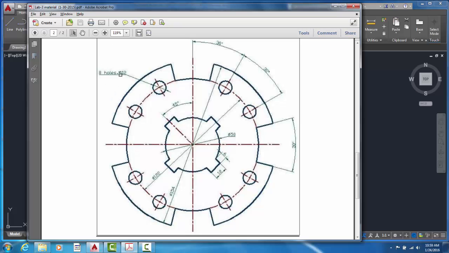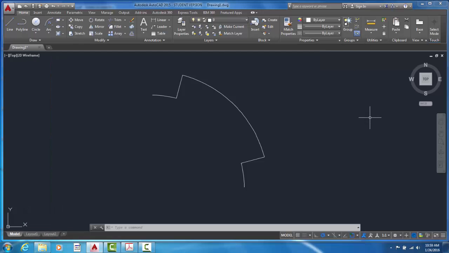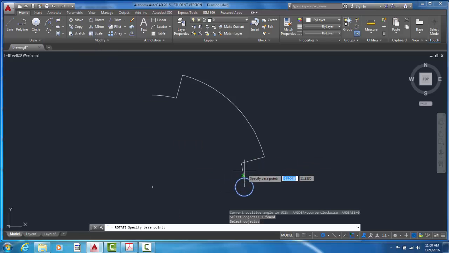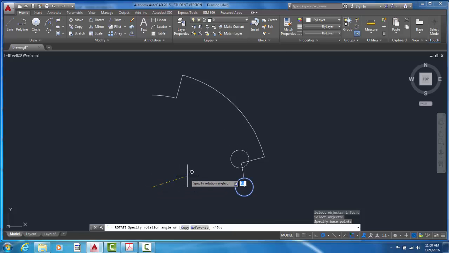We know they have a diameter of 12. We know that this hole is 30 degrees off of horizontal, and this hole is 60 degrees off of horizontal. So I'll draw a circle, diameter 12, on the endpoint, and then I will rotate that circle about the center point of one of my arcs by an angle of 30 degrees.